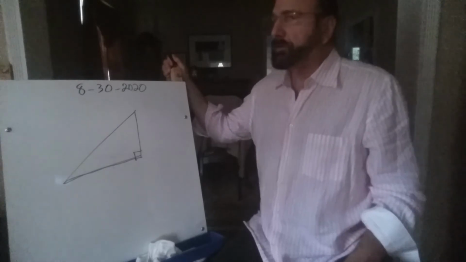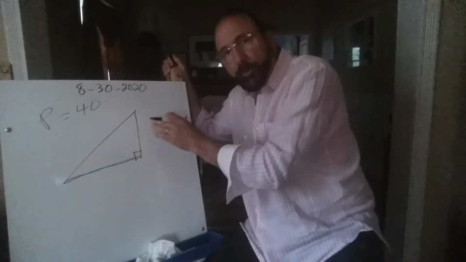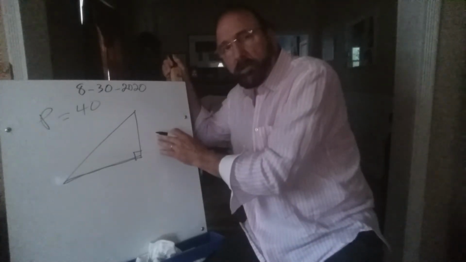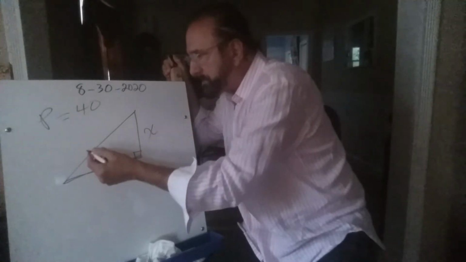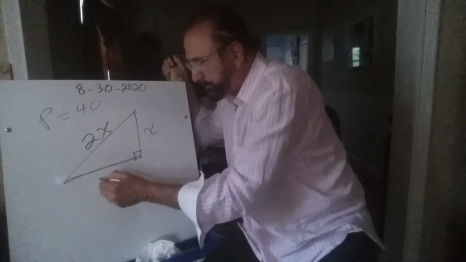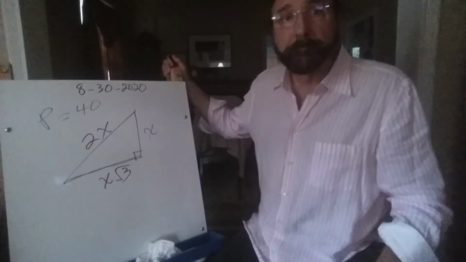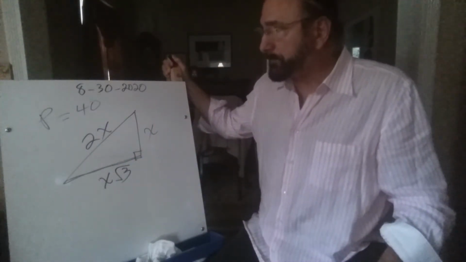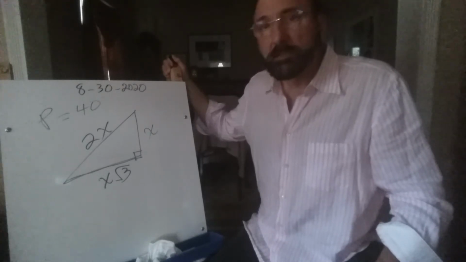What if you had a triangle and they told you that the perimeter was 40? And they gave you algebraic expressions for the sides. Say you had 2x and x times the square root of 3, and x. How would you find out what x was?